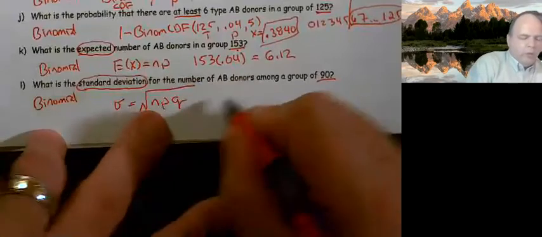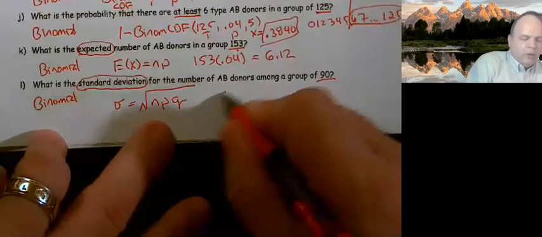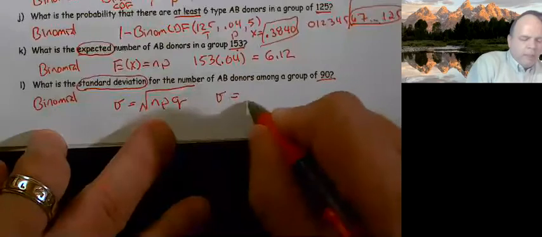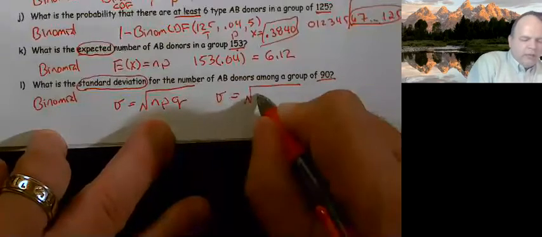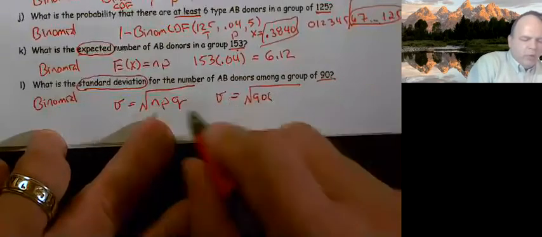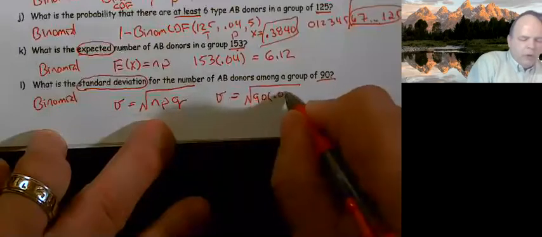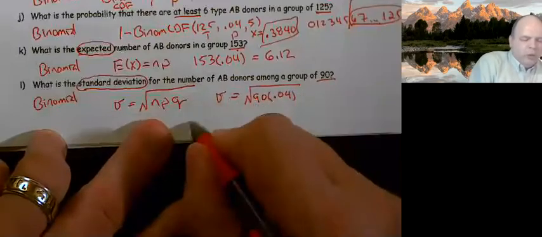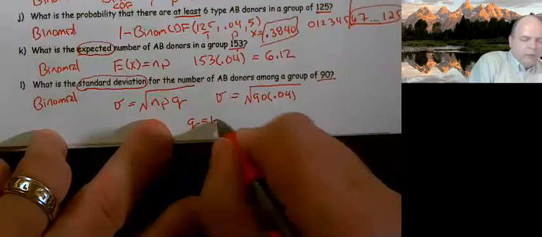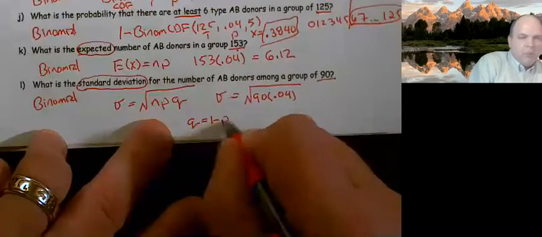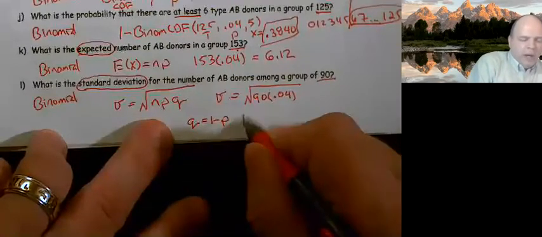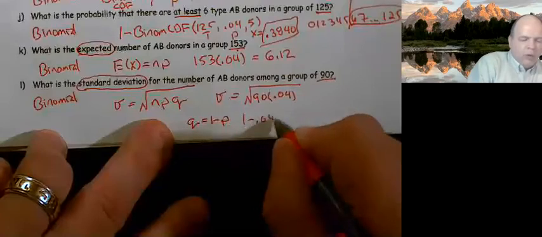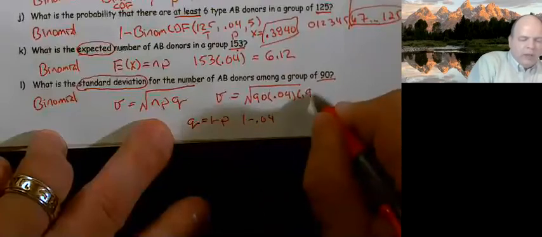So we'll go over that real quickly. In this case, we know N is 90, that's the sample size. We know P is still the 0.04, but we need to talk about Q. Q just is 1 minus P. So in this case, 1 minus 0.04, which is 0.96.